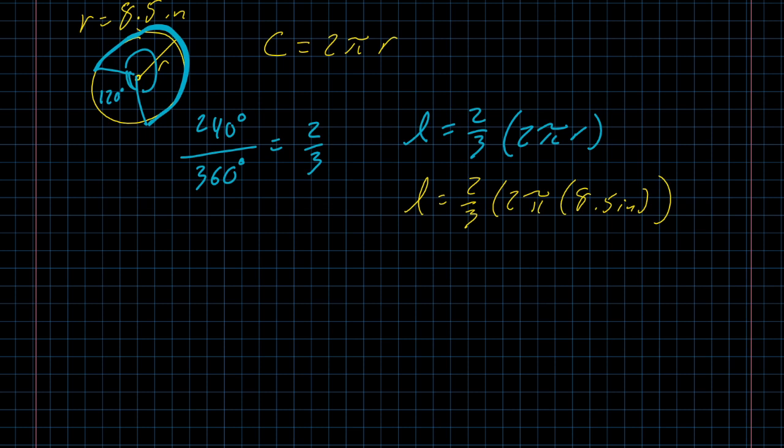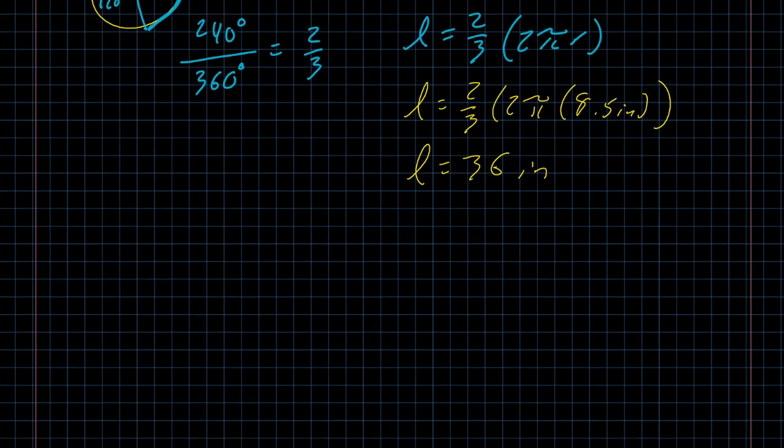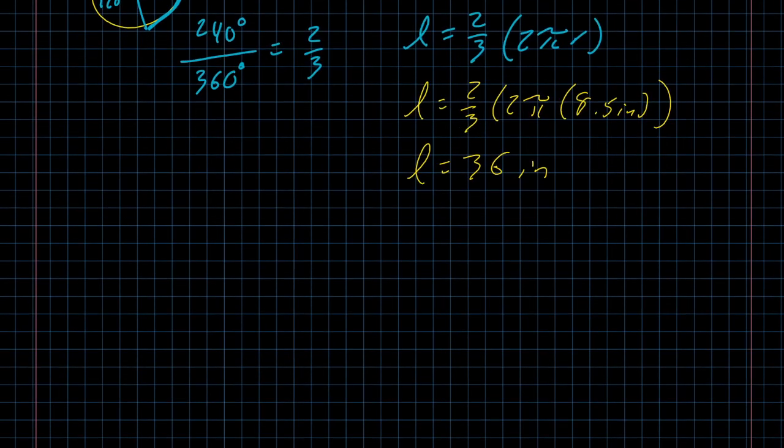And my calculator is happy to tell me that that comes out at about 36 inches. And that can be very useful to us in trying to find the total distance around a shape that mixes straight sides and curved sides.